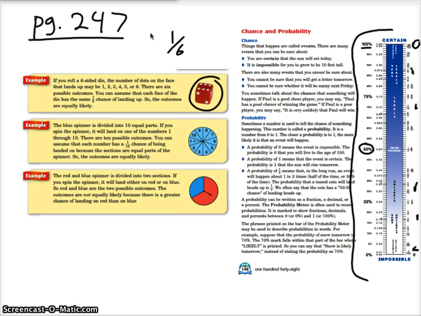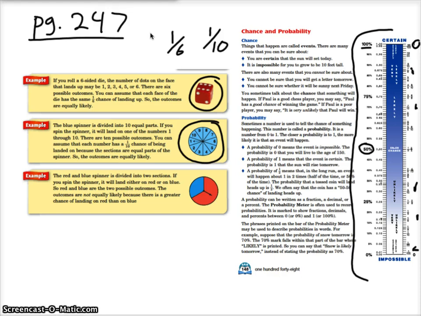Now here's another example. There's a wheel. When you spin the wheel, you have a chance to spin a number. And what is it out of? Out of 10. So what's the chance of spinning an 8? You would have a 1 out of 10 chance of spinning an 8. What is that as a percent? You remember how to change a fraction into a percent?